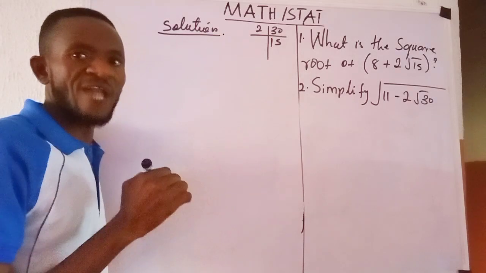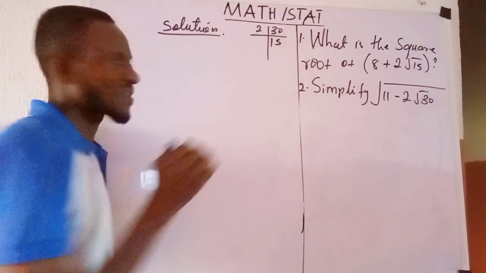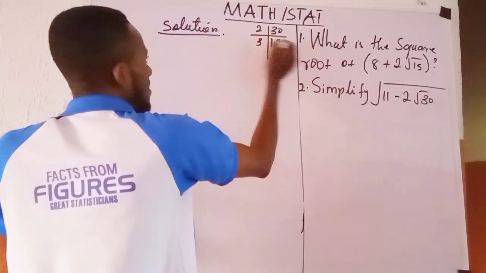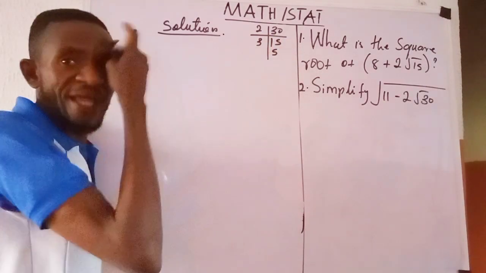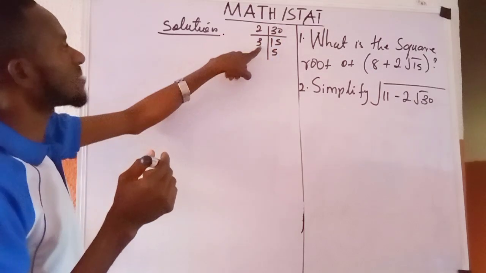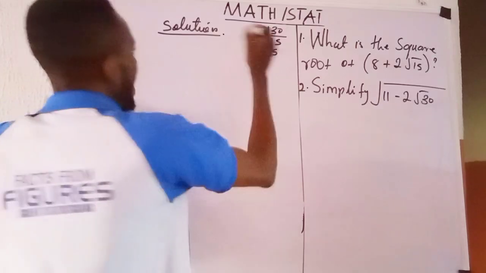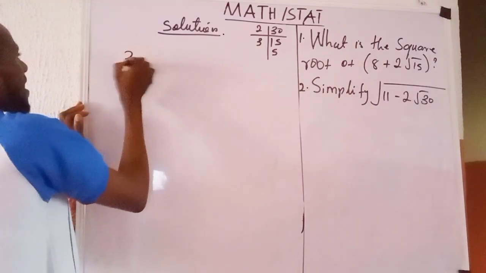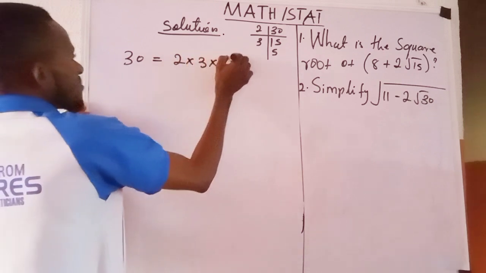There is also another number that can go into 15 without remainder, and that number is 3. So I'll now write 3. 15 divided by 3 is 5. So by implication, 30 is the same thing as 2 times 3 times 5.